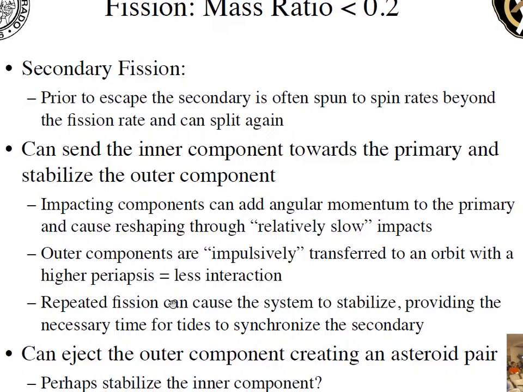And that actually can act as a stabilizing influence, which can eventually cause the system to settle into perhaps one of the binary asteroids that we see today.